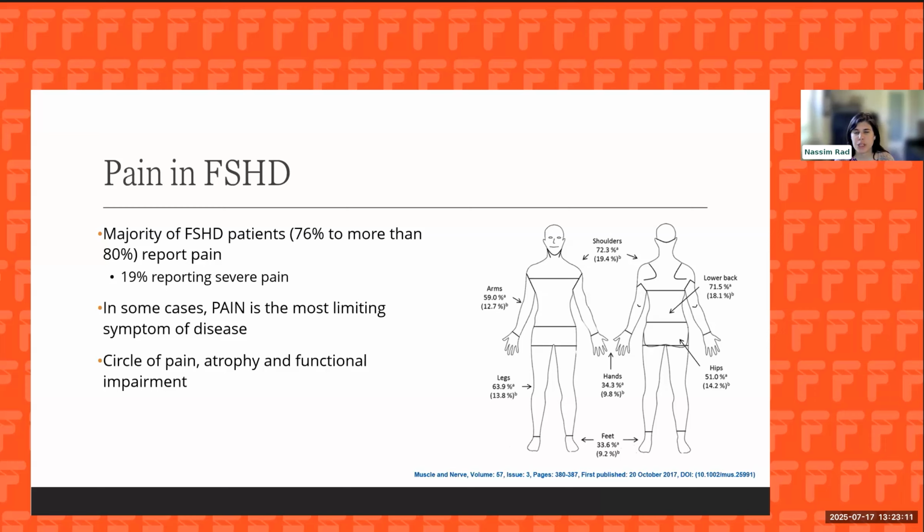Additionally, with FSHD, we know that the weakness can be asymmetric. So in other muscular dystrophies, they are much more symmetric. So you have side to side similarities. Those asymmetries can then cause additional pain because we're not sharing that load equally.